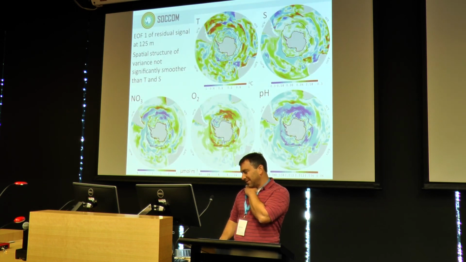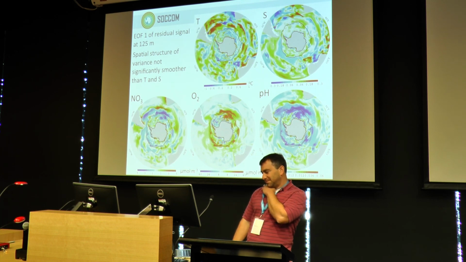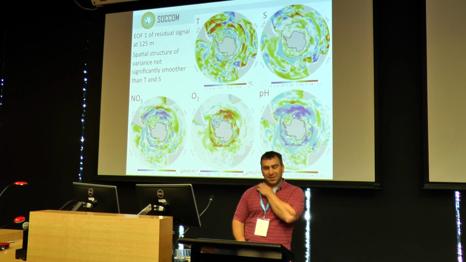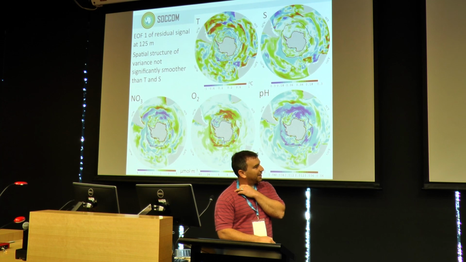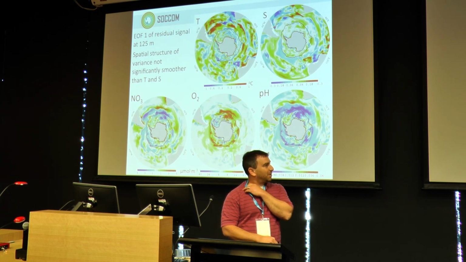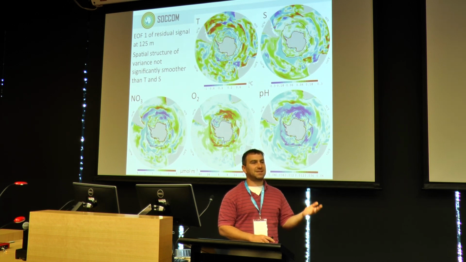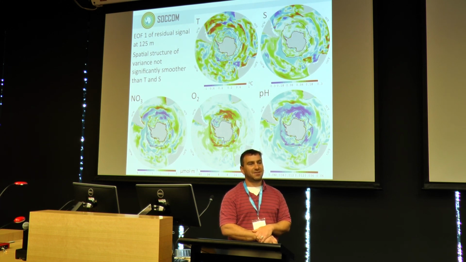This is EOF 1. I think you would find that the way oxygen and nitrate vary, for example, would be, maybe you have some kind of resonant time in one area and it's more orthogonal in another area. Different dynamical regimes will have different modes of variability and different correlations between temperature and oxygen, for example.